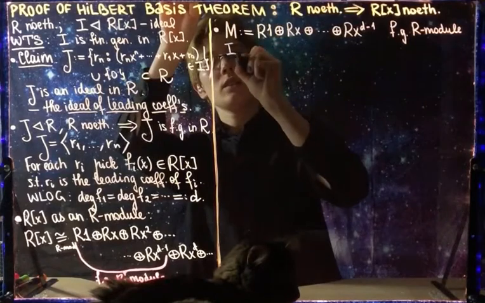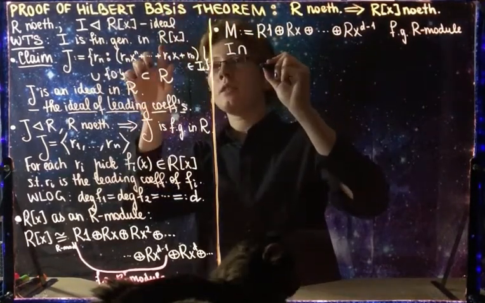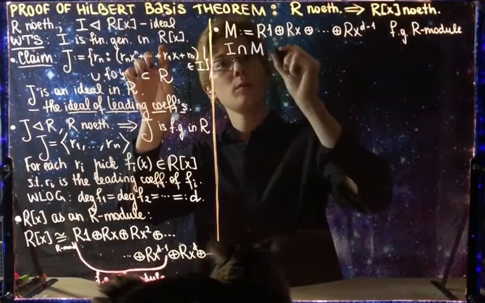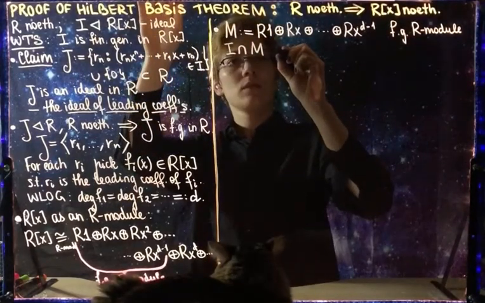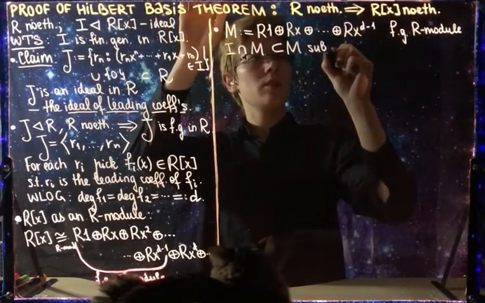And I, the ideal in R adjoint X, intersected with M, is a submodule, an R submodule.